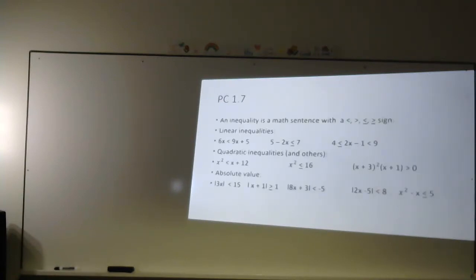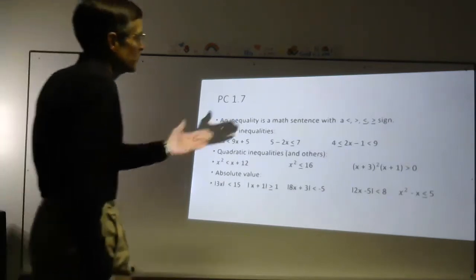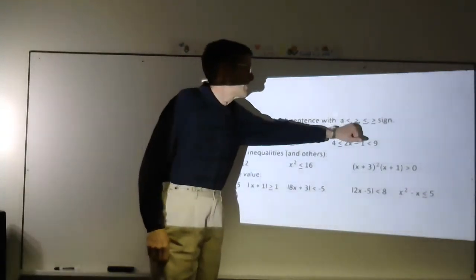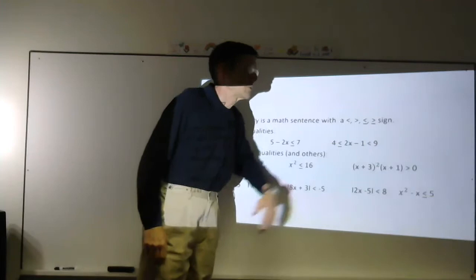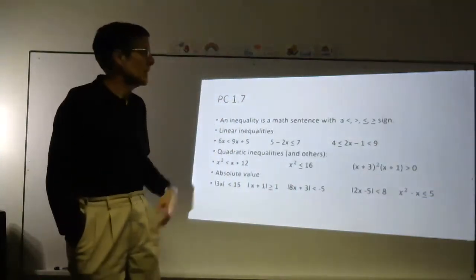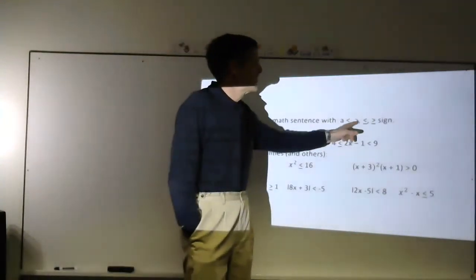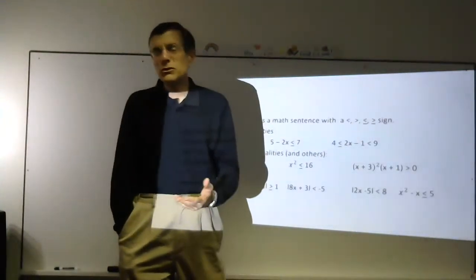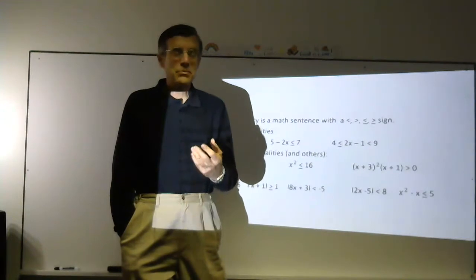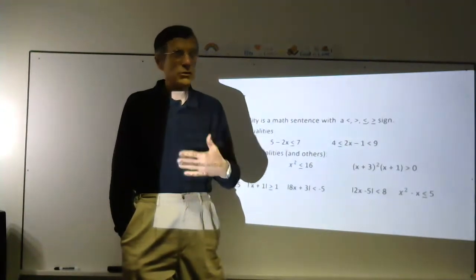An inequality is simply a math sentence with one of those four signs: a less than, a greater than, a less than or equal to, or a greater than or equal to sign. Not to insult your intelligence or anything, but some people get these signs mixed up. There's a couple different ways you can think about which sign is which.